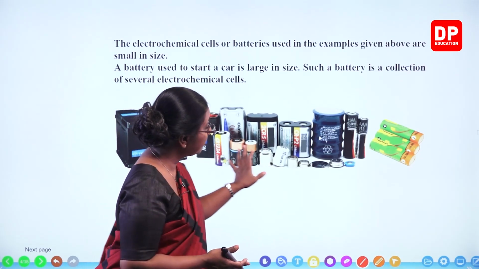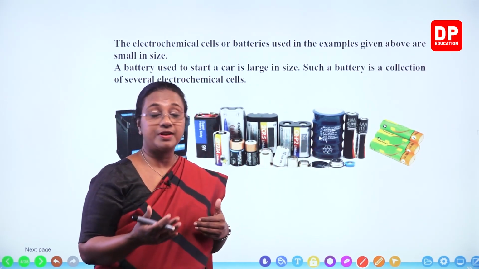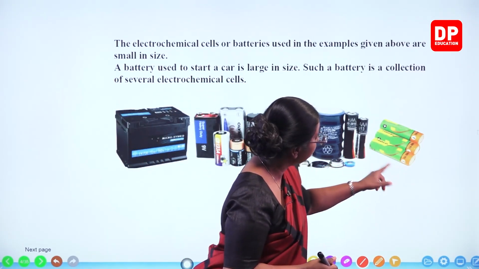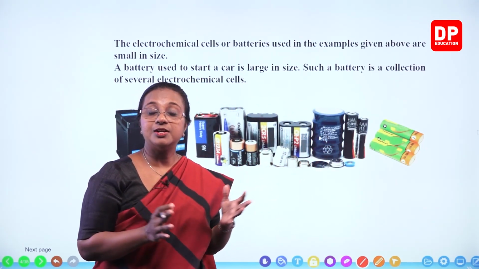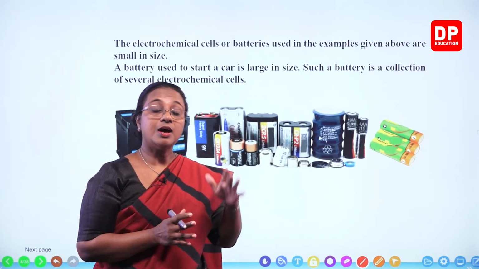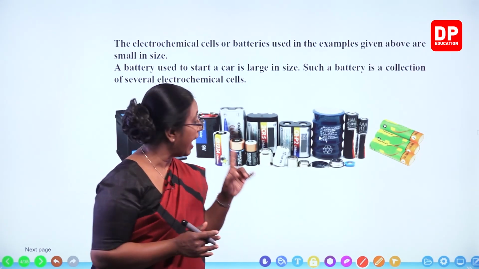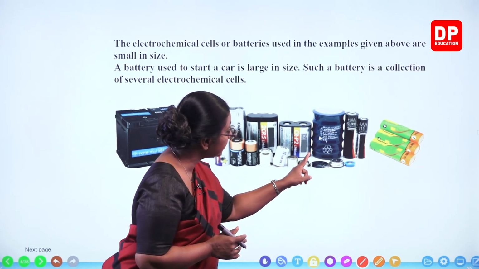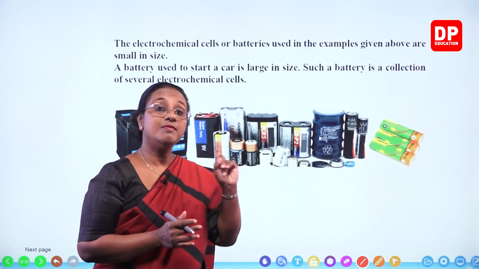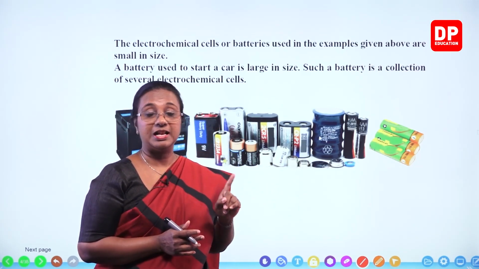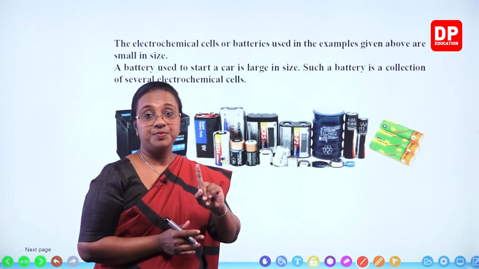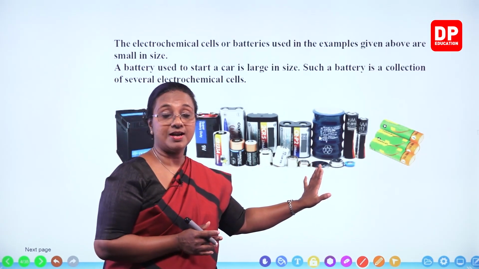So you get batteries of different shapes and different sizes. Here it is a pack of batteries also. Like that also you can get. Now these are usually small and usually they are just individual batteries with the positive and negative terminal. Just one battery. Now this is for small devices.